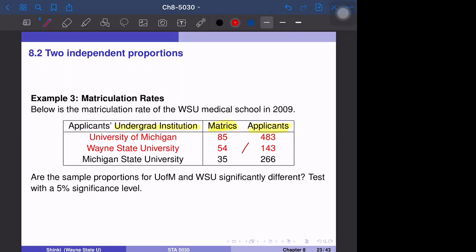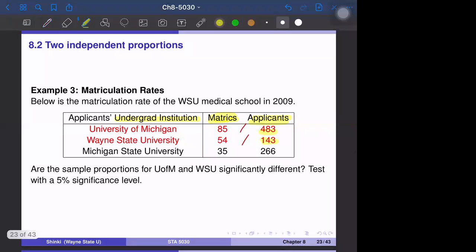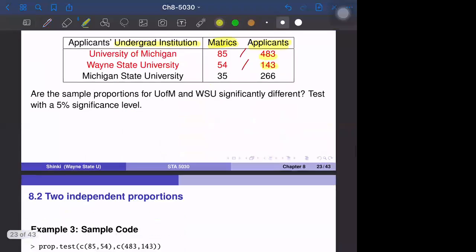From U of M to Wayne State Medical School, only 85 out of 483, so maybe less than 20%. So we want to see if these proportions are different. But we only have a small sample size for the binary data, so we are not really sure if we can reject the null hypothesis.